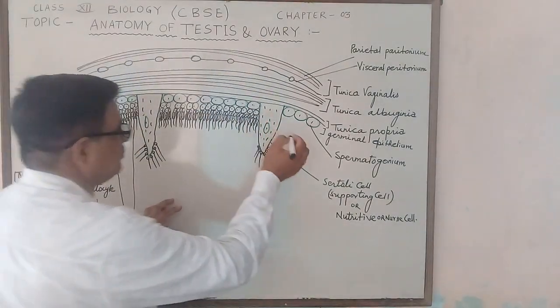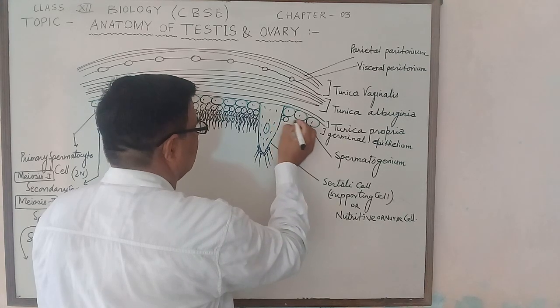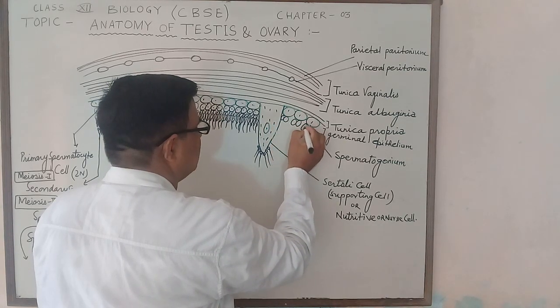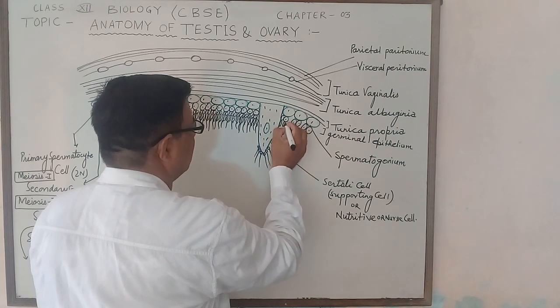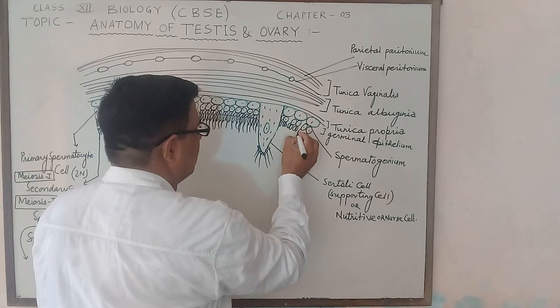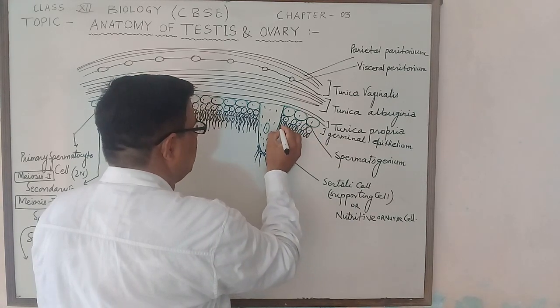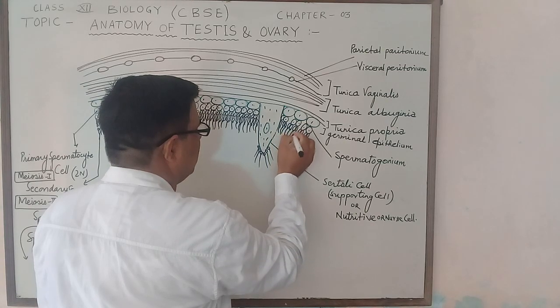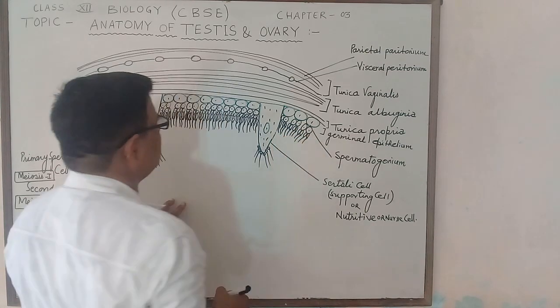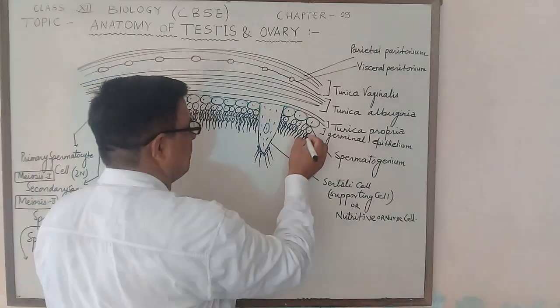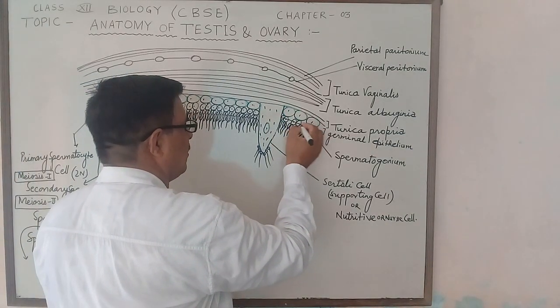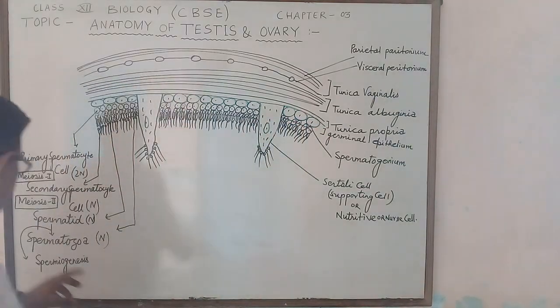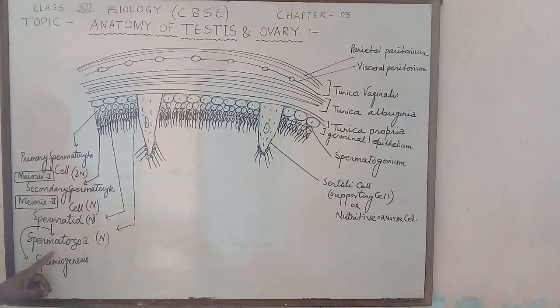When spermatid is modified into spermatozoa, which is a haploid structure, this is called spermiogenesis.